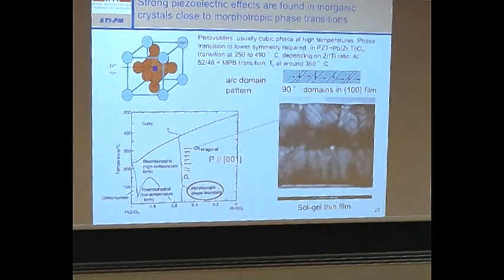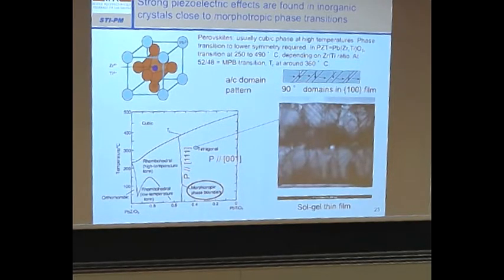Just to speak a little bit about the basics of the perovskites. I explained the structure already. These domain patterns that appear below the critical temperature, below the Curie temperature, are quite important in thin films.